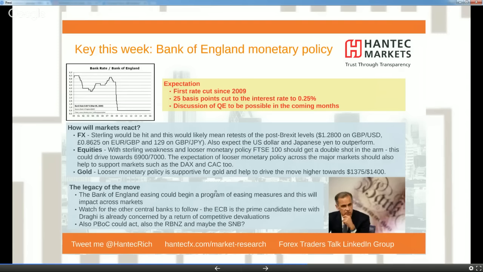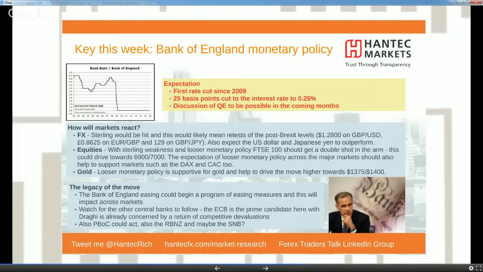They're marginally okay, marginally better than expected. But it'd be interesting to see what Draghi does in the wake of a Bank of England rate cut, because obviously that should theoretically strengthen euro sterling. So it'll be very interesting to see if the ECB then follows suit.